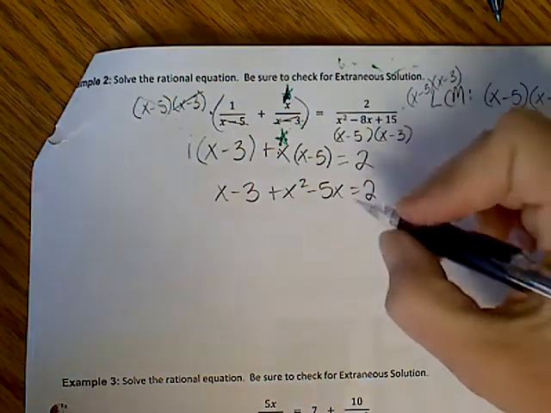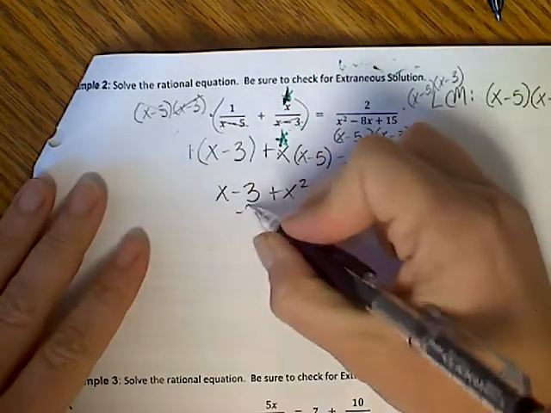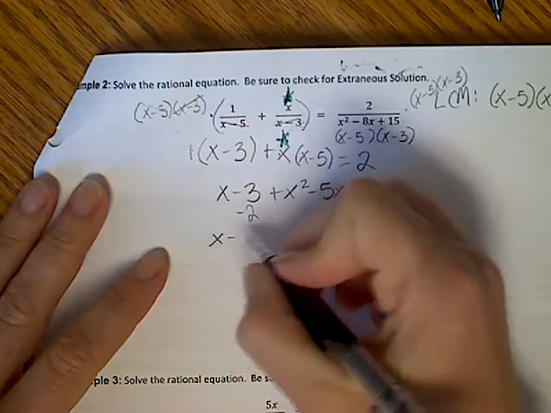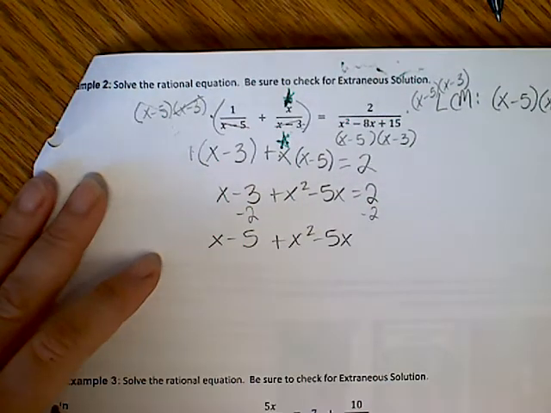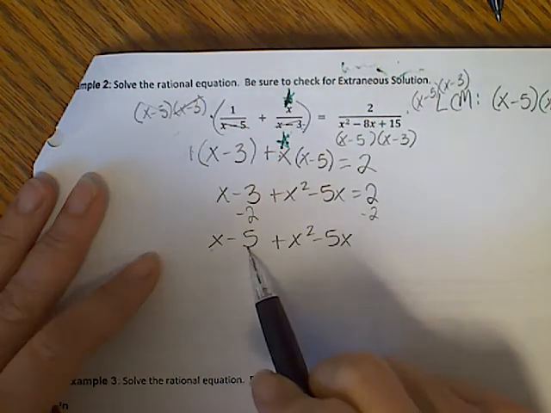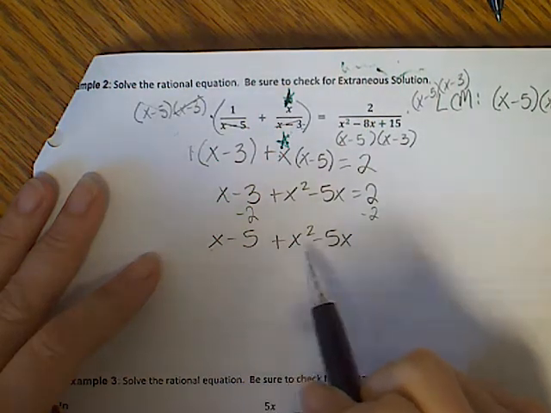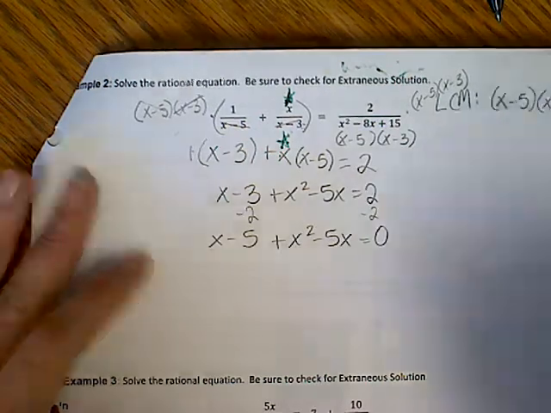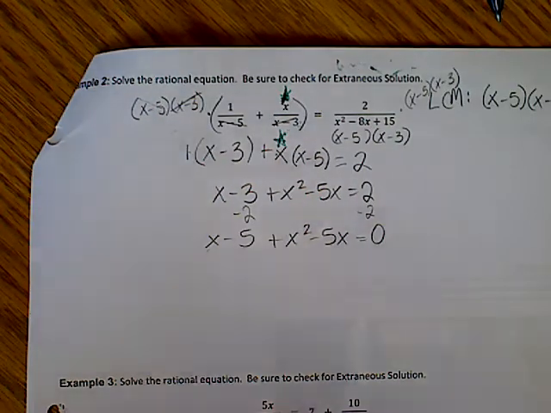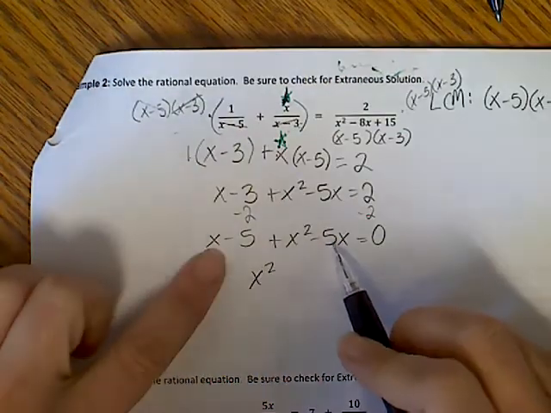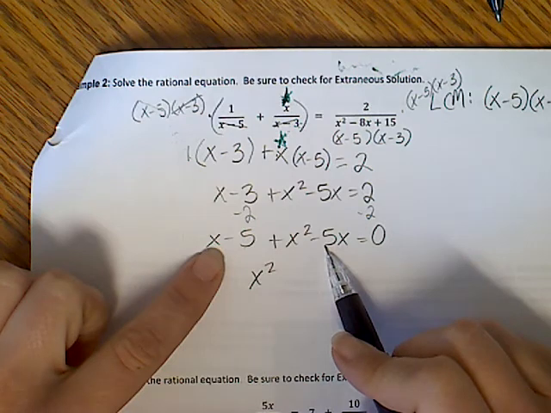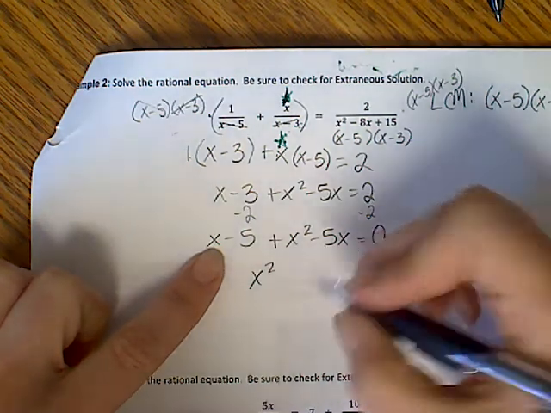Rearranging it, getting everything on the left, minus 2. X minus 5 plus x squared minus 5x equals 0. Rearrange it so that it's a trinomial. Oh, look at this. 1x minus 5x. 1 minus 5, negative 4x.